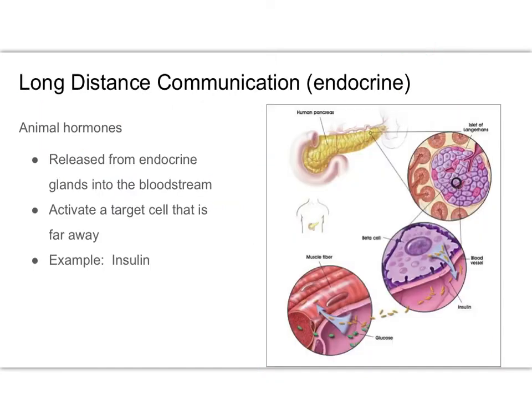So let's look at our long distance communication here, our endocrine. So I know it seems like you're not getting really information. You just got three definitions: direct cell to cell contact, they have to touch each other; paracrine, local communication; endocrine, long distance communication. But you need to keep in mind that for a lot of these things, you need to have examples that you can write about, examples that you could use to help explain something.